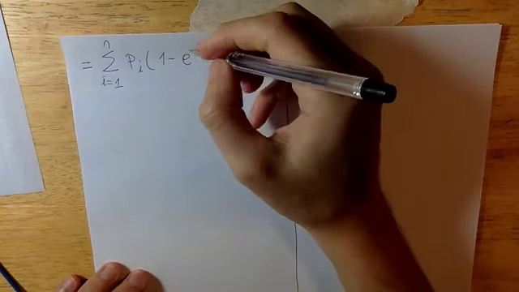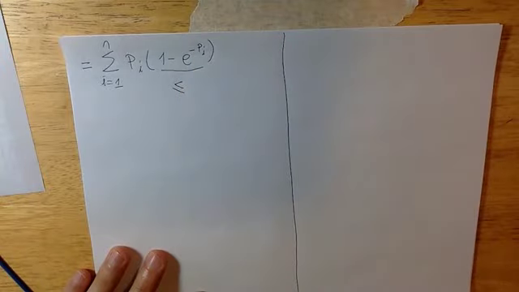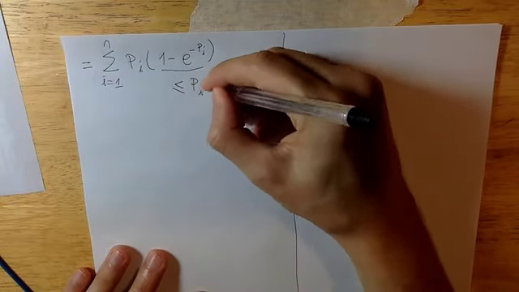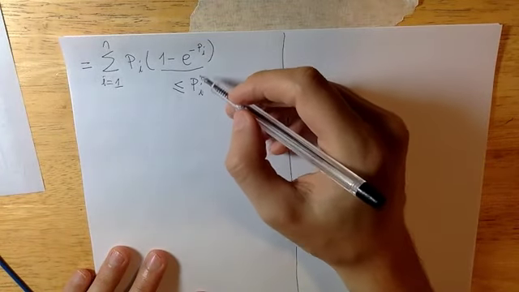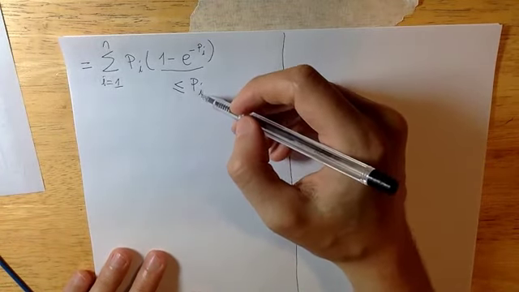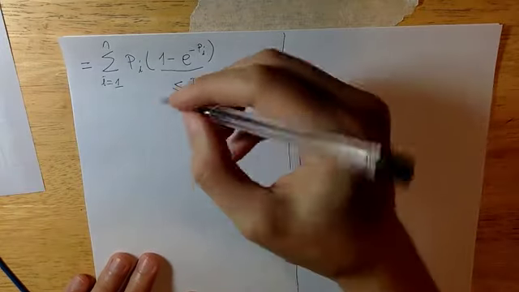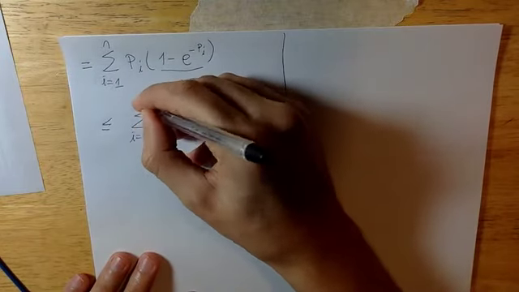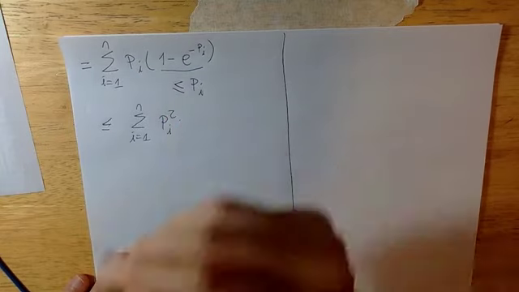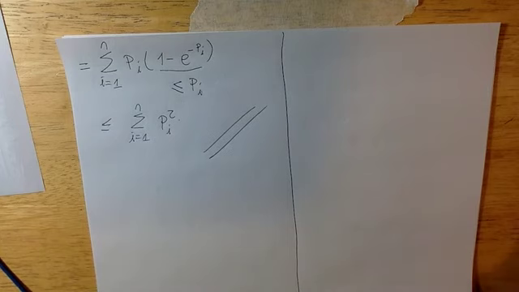And now what we can use is that this is less or equal than pi, since 1 minus e to the minus pi is always less or equal than pi between 0 and 1. So then this is just less or equal than the sum from i equals 1 to n of pi squared. And this actually shows the theorem that we were interested in showing.